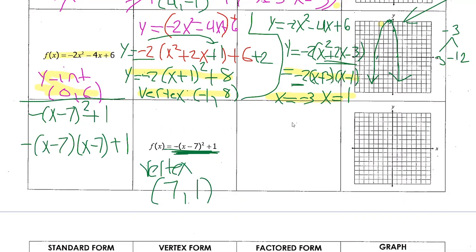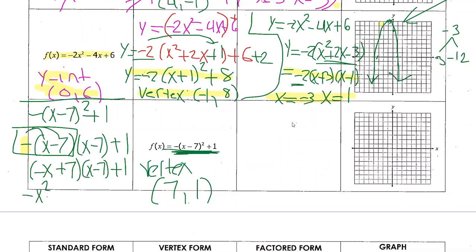My advice is to distribute this negative sign so you don't forget it or have to deal with it later. It would be negative x plus 7 times x minus 7. Then we FOIL this out. Negative x times x is negative x squared.